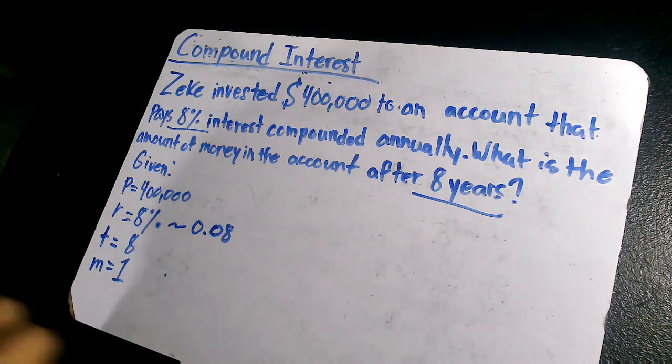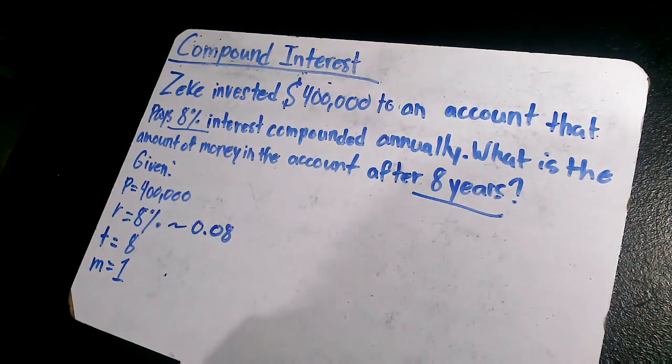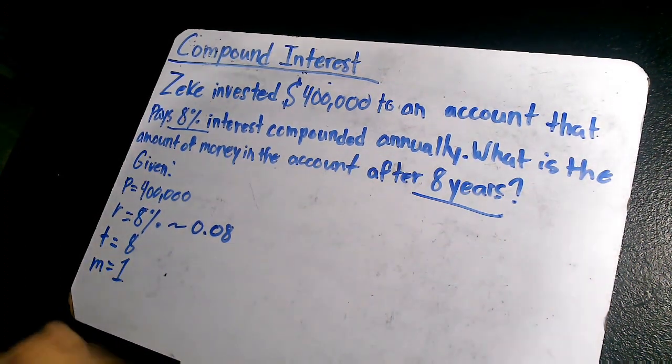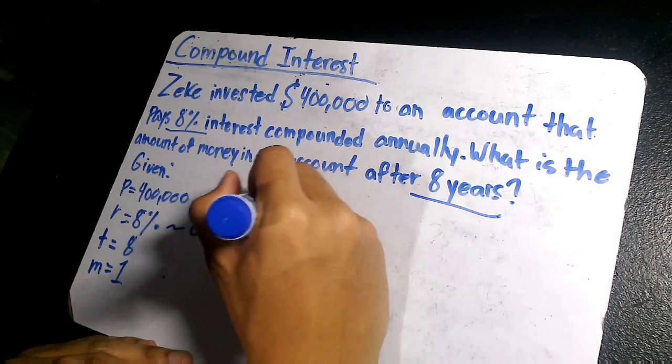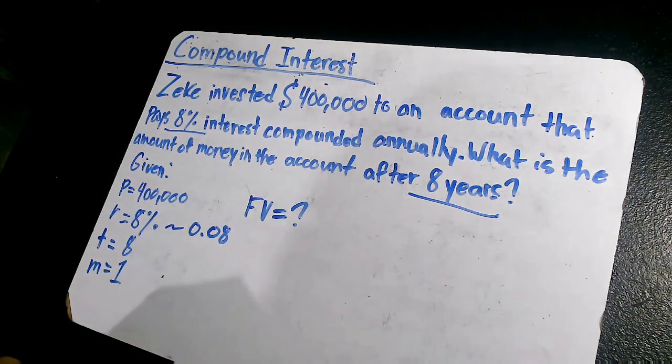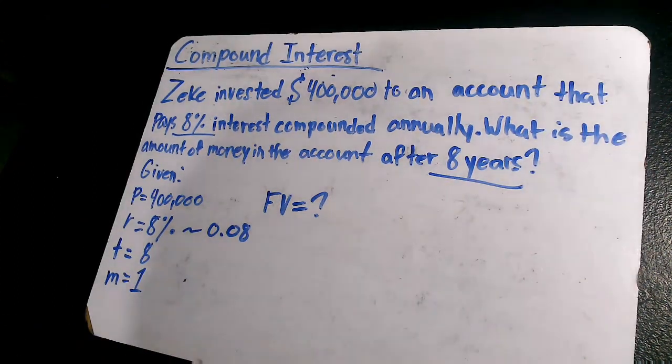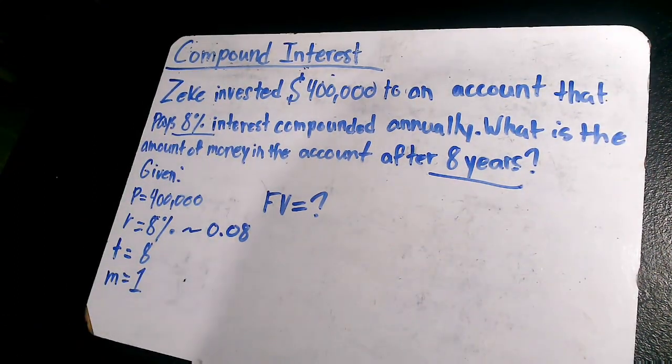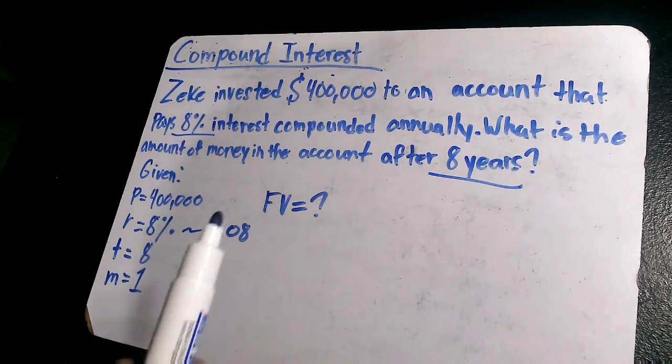To solve this problem, we can use a scientific calculator. Now that we have determined that FV is missing, we can now also determine the correct formula to use to solve this example problem.